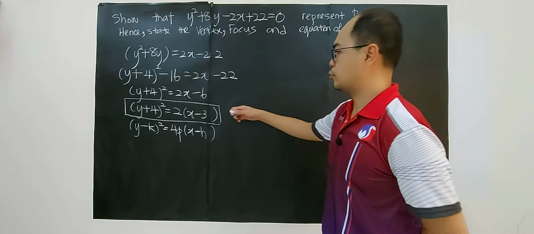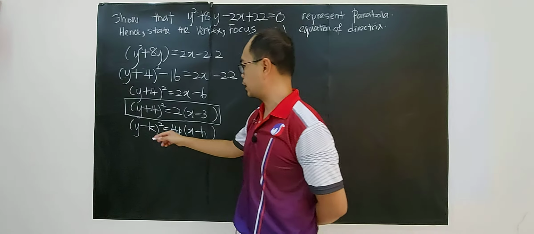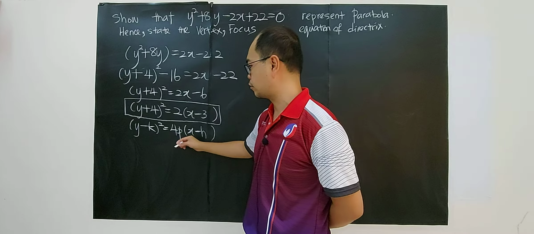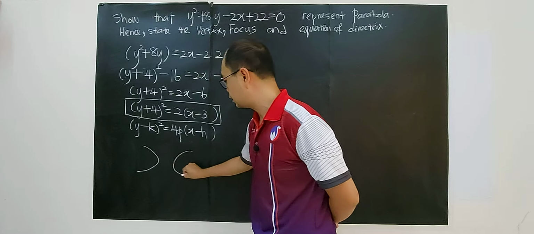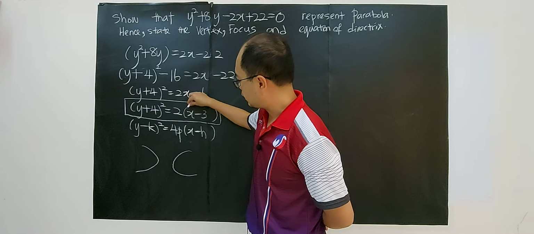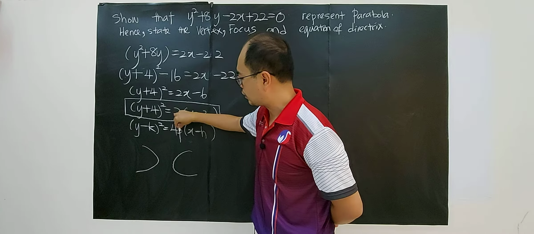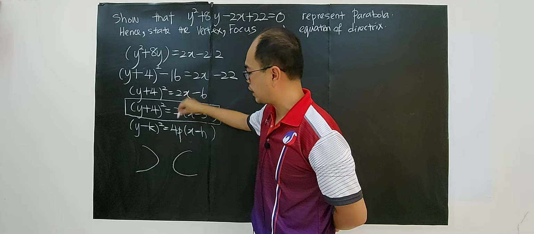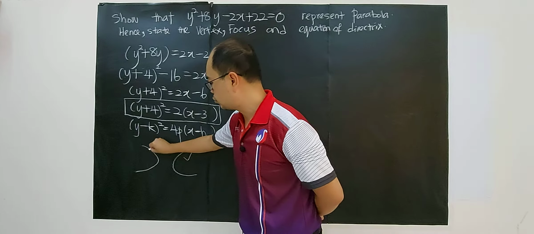Also, before getting the vertex, we should know that for this type of standard equation, y minus k squared, the graph will be either open to the right or open to the left. So we look at the value of 4p. 4p equals 2, so p will be half. It's a positive value, so the graph opens to the right.